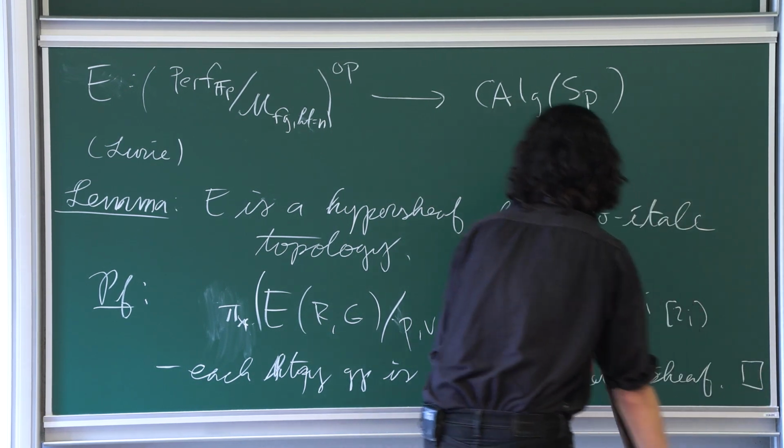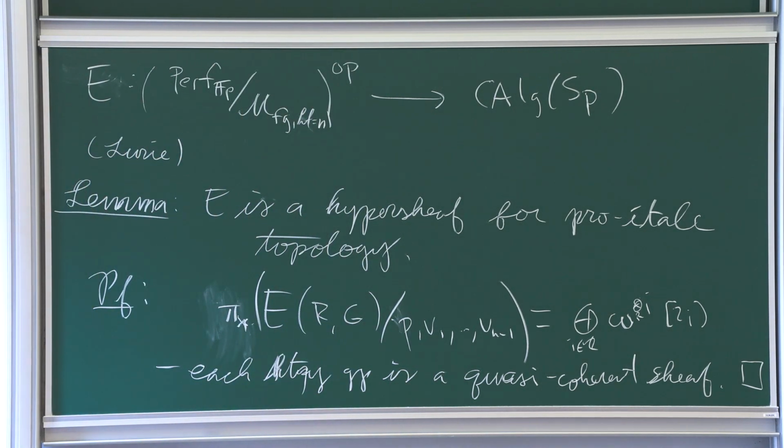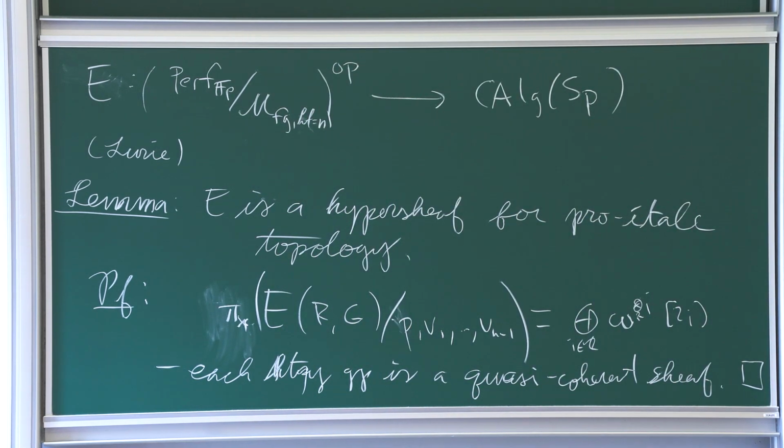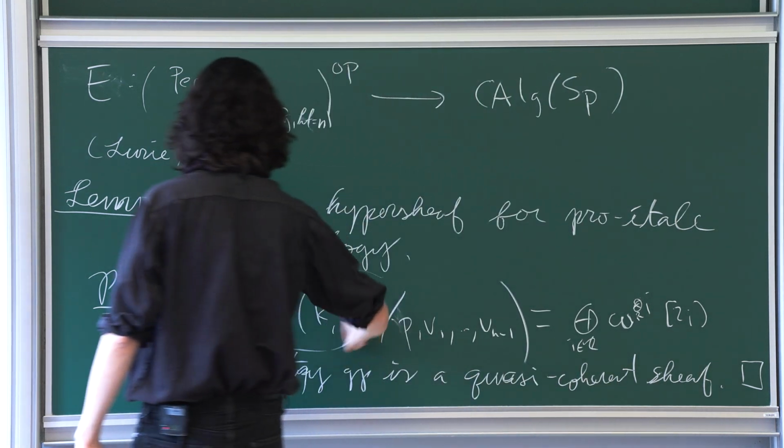Then, by the derived version of faithfully flat descent, you get the sheaf property for each homotopy group considered as a spectrum sitting in degree 0 or in degree 2i. And then by going up the Postnikov tower, you deduce that this is a sheaf as well.